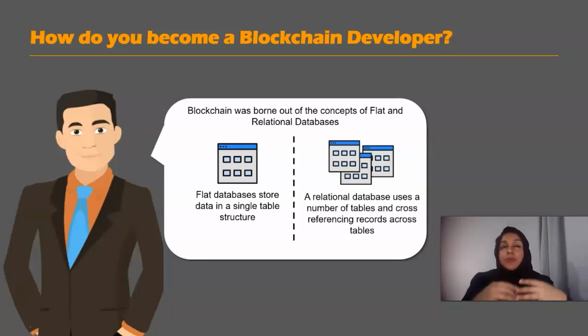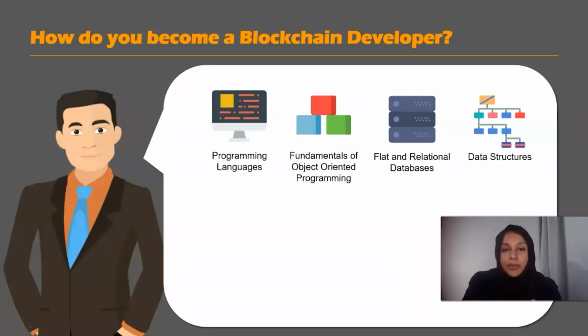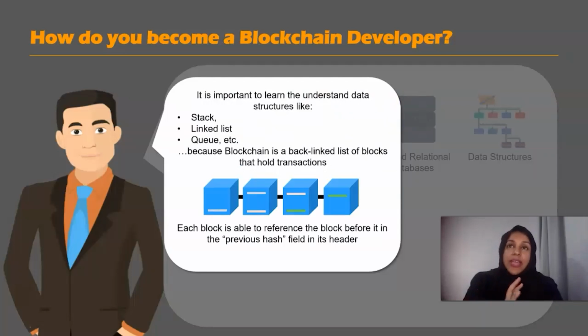Either it's in a distributed network, or you have a ledger that is decentralized, with no central authority. So if you understand the main concept of flat or relational databases, you will easily understand these things about data structures and how blockchain stores data, and how it is unique compared to any other databases or data structures.